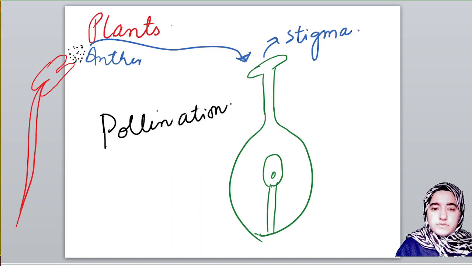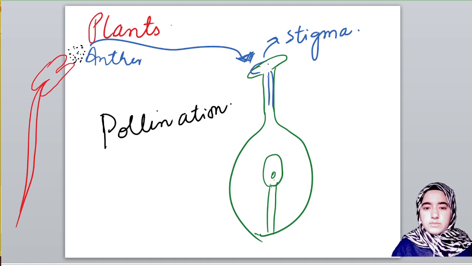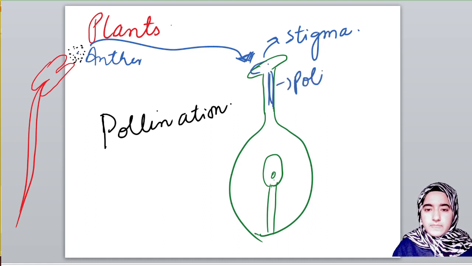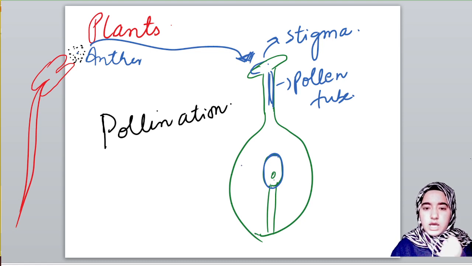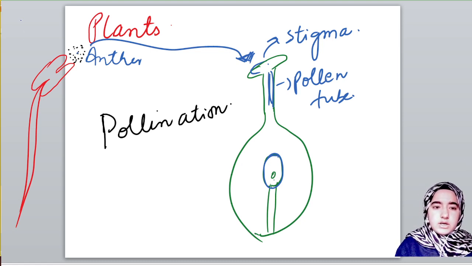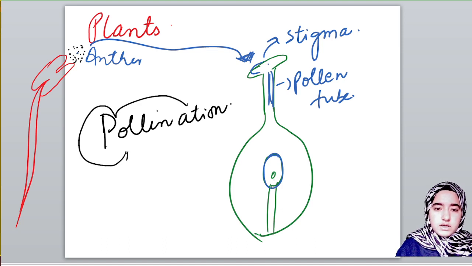The pollen grains go to the stigma, and after getting attached or sticking to the stigma, the pollen tube takes them to the ovule here.